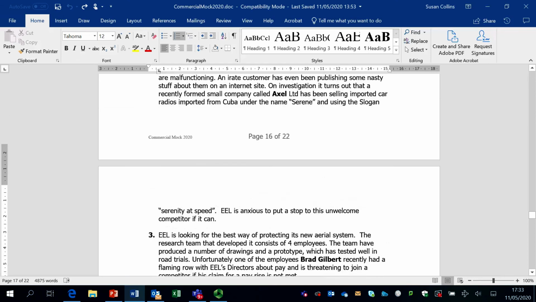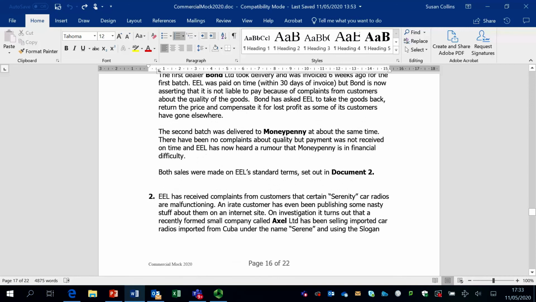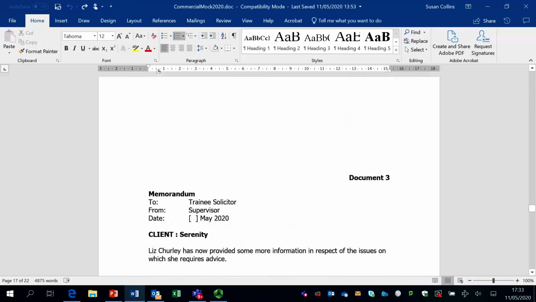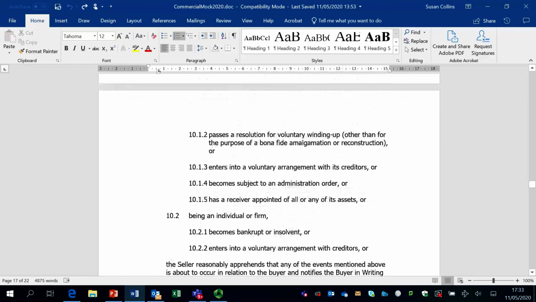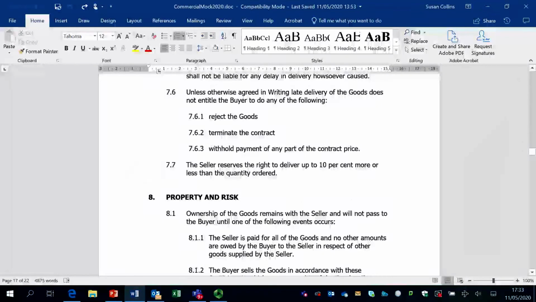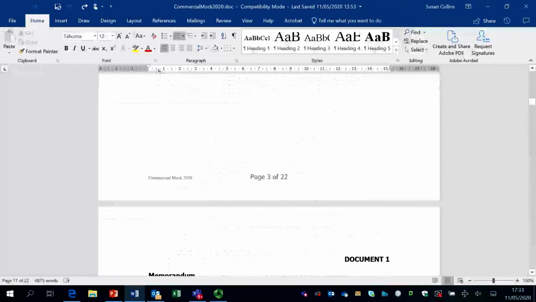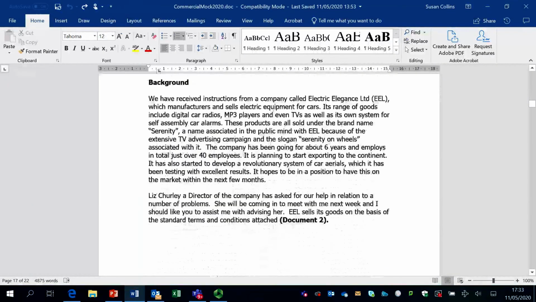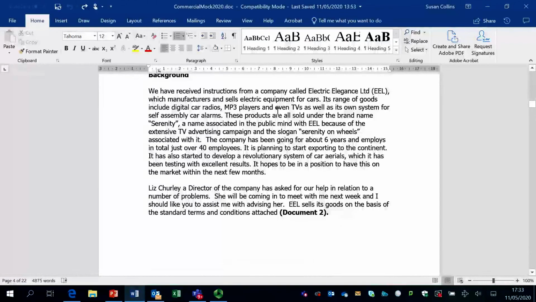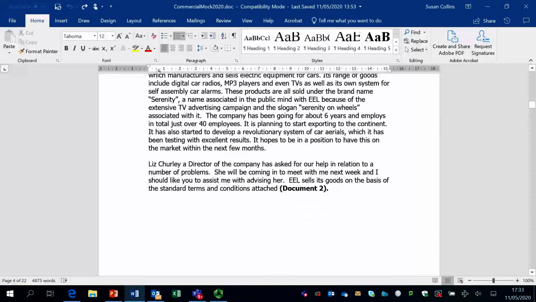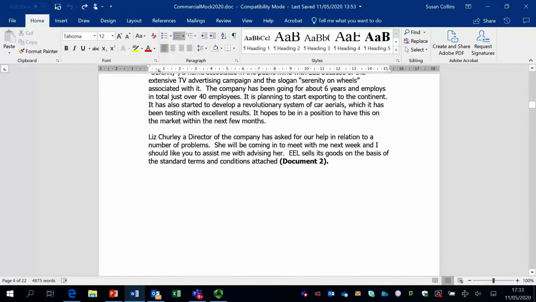So that's what they're concerned about, and then just reminding you, let's go right back to the beginning here, we are told that they sell under the brand name Serenity and they use the slogan Serenity on Wheels, and they've been going for about 6 years. All of these factors, and it talks about TV campaign, advertising campaign, etc.